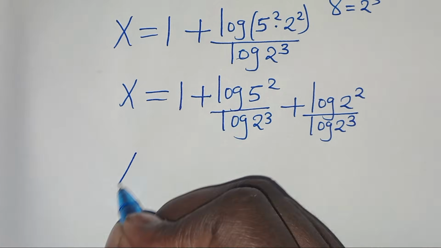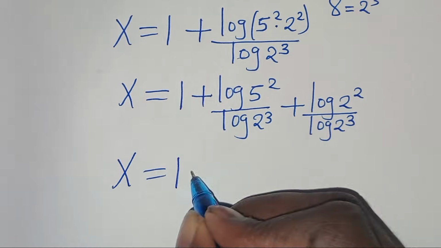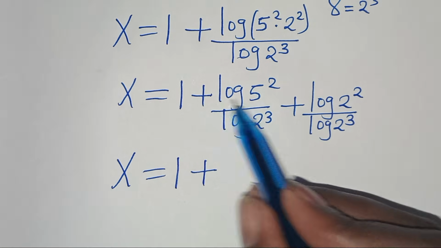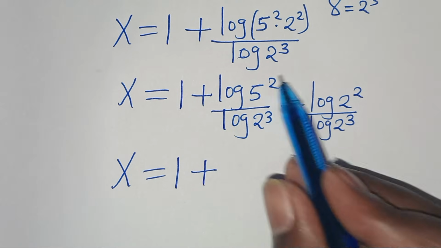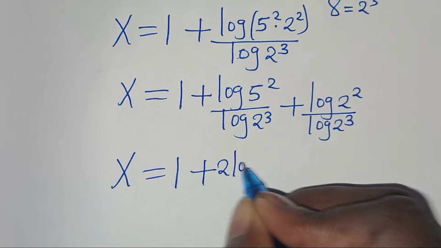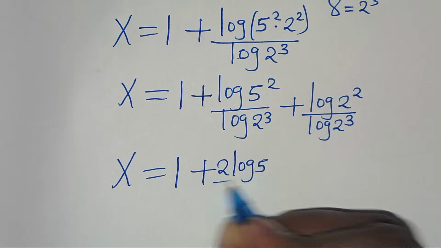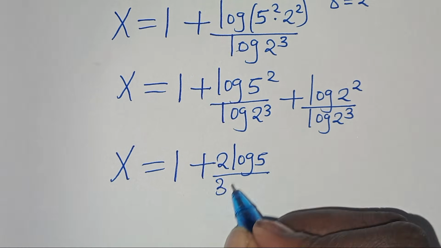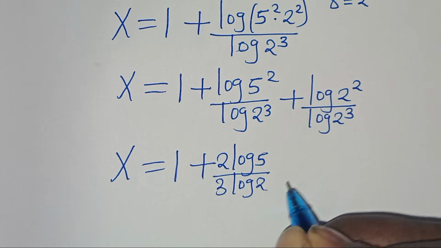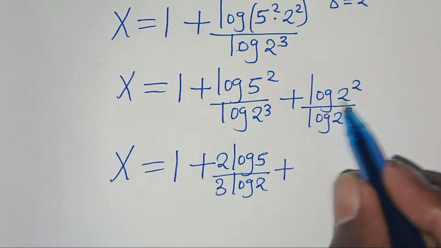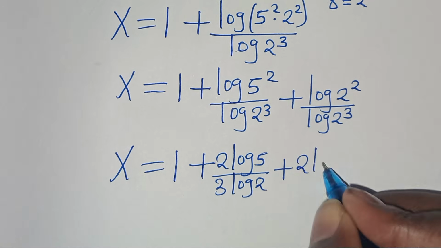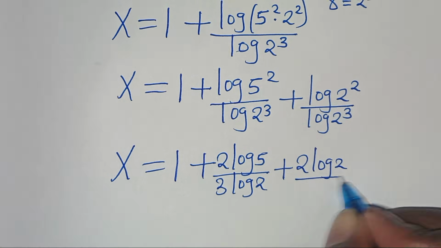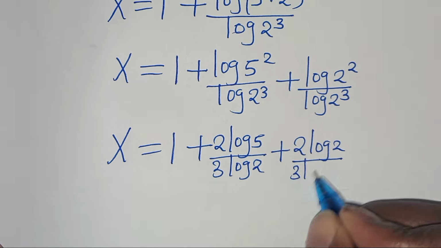Now let's apply the power rule property here. Log 5 to the power of 2 becomes 2 log 5, divided by log 2 to the power of 3, which is 3 log 2, plus log 2 to the power of 2, which is 2 log 2, divided by 3 log 2.